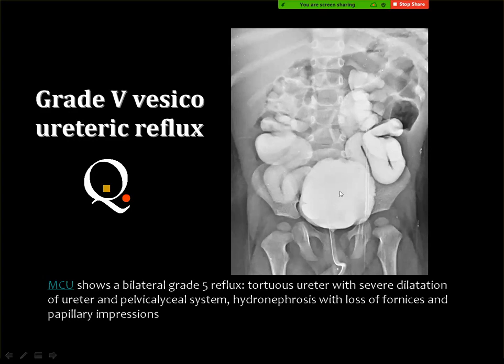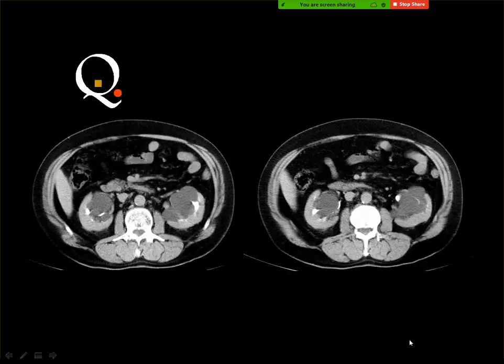You know that in megacystis megaureter they are not so much opacified by the contrast material, since the kidneys are not excreting contrast in a normal way, and the contrast material will be much diluted. But if you see a catheter here and you see the density of contrast, you know that this is reflux, not megacystis megaureter.